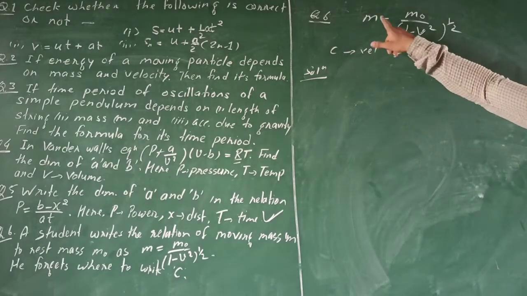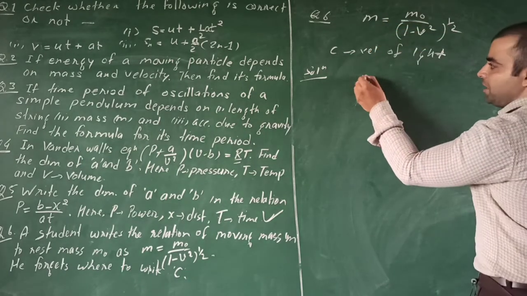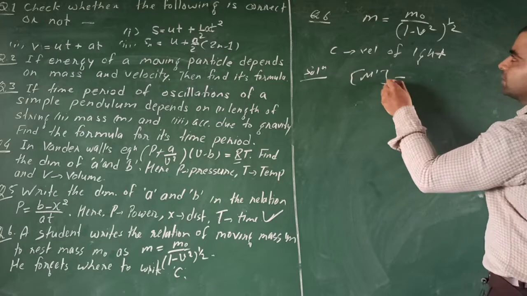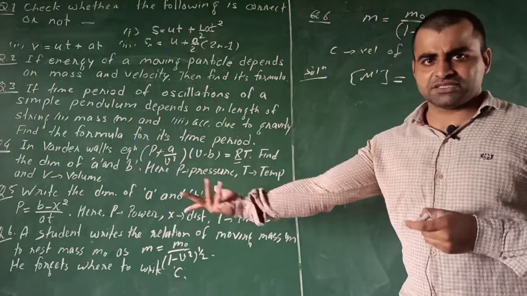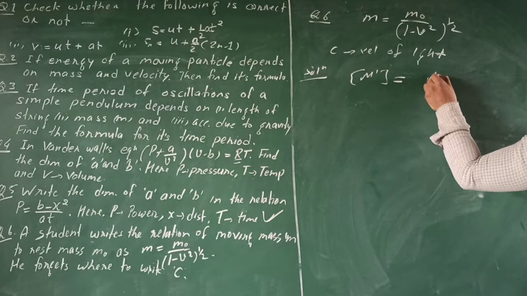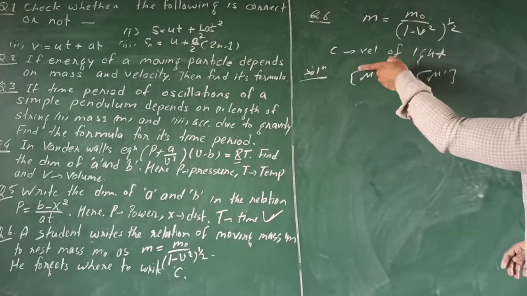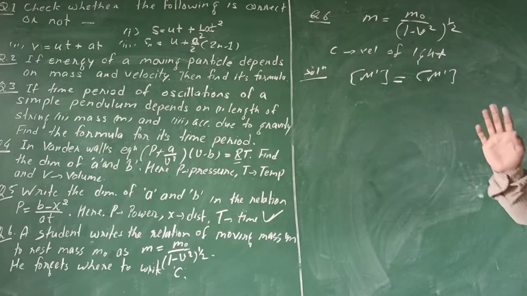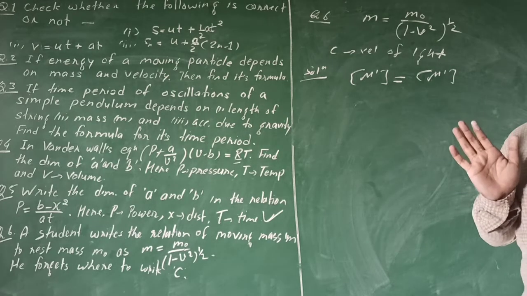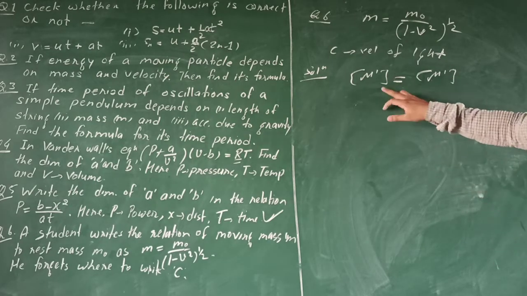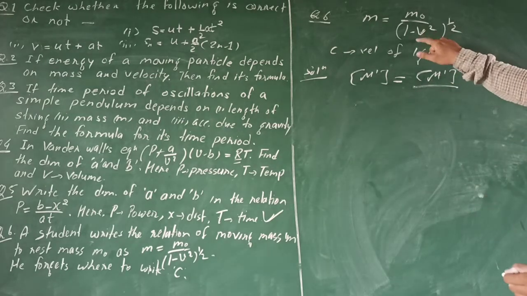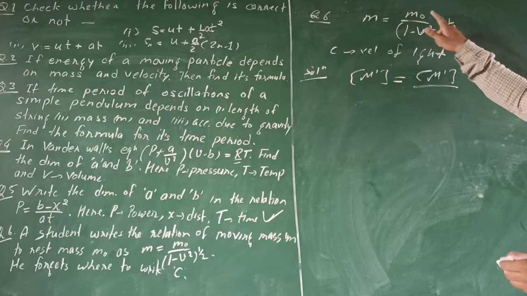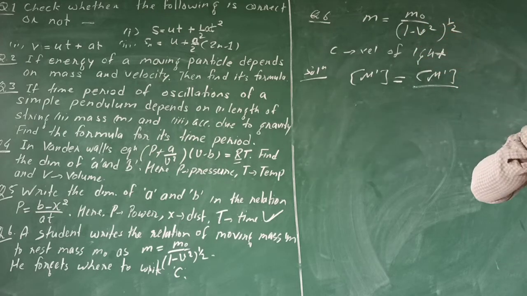M is the mass, so the dimension of mass is M1. M naught is also mass, the rest mass, so it is also M1. These must be equal by the principle of homogeneity. So this whole term must be 1.